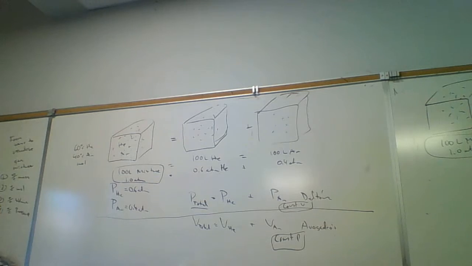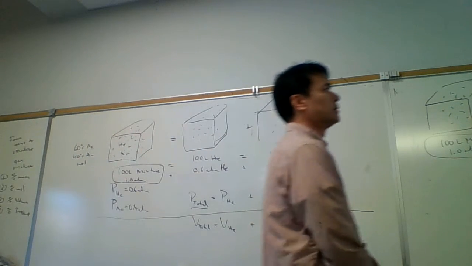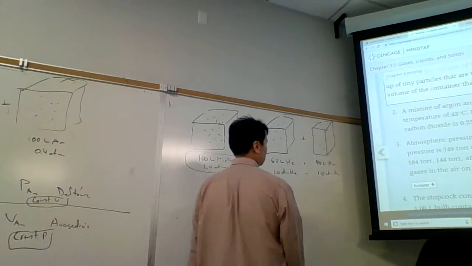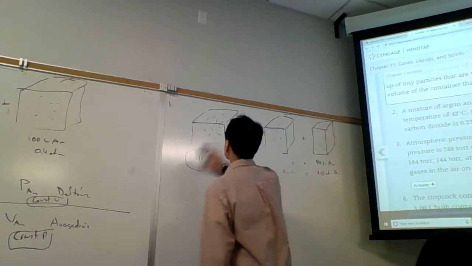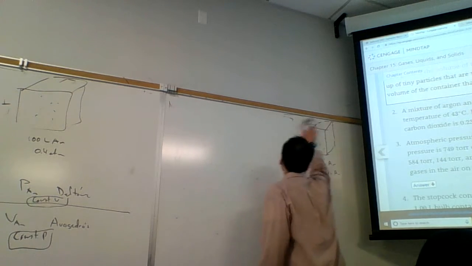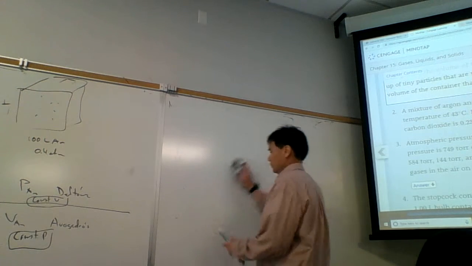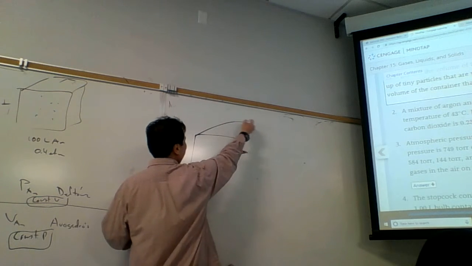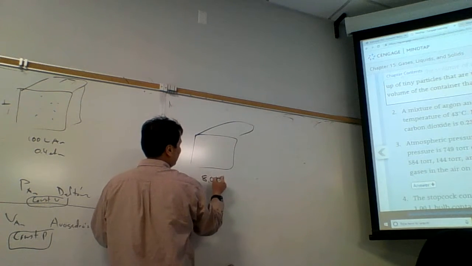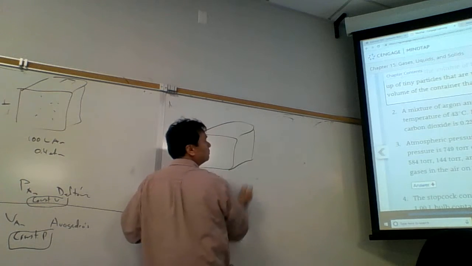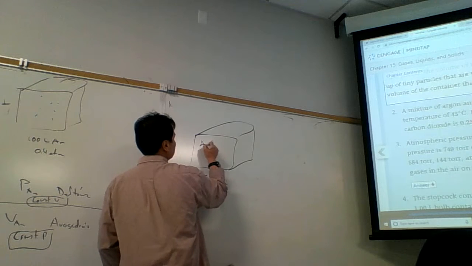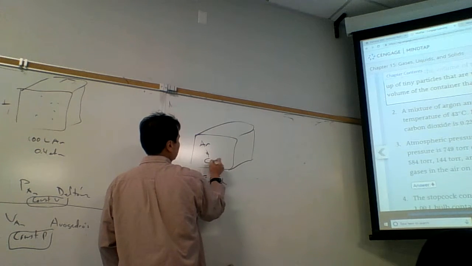Two, a mixture of argon and carbon dioxide gas is maintained in an 8.05 liter flask. So now I got 8.05 liters of mixture. It's going to consist of argon and CO2.